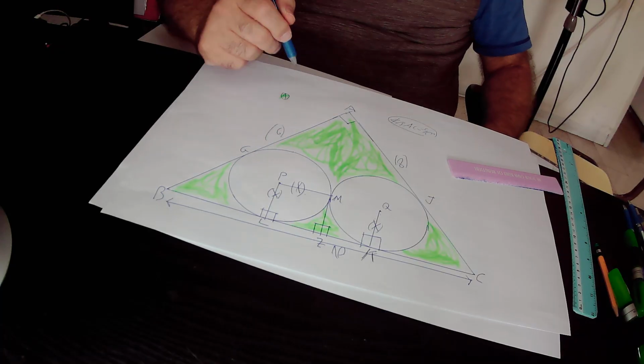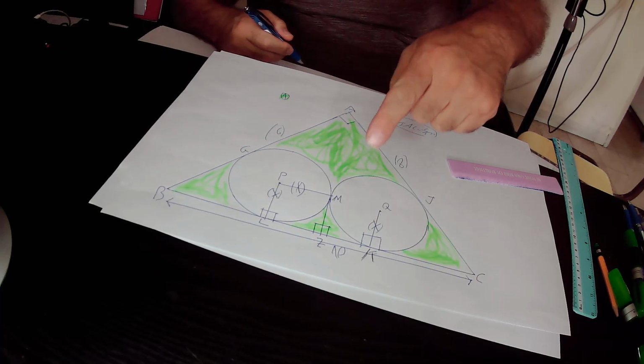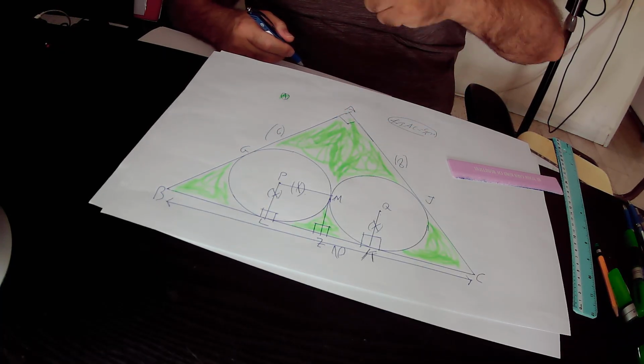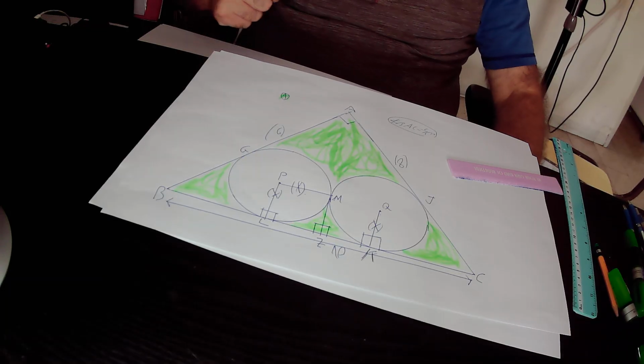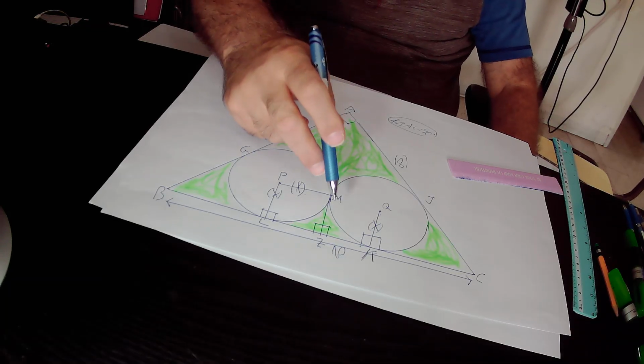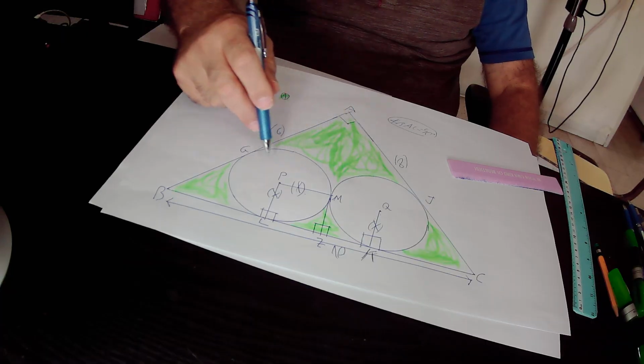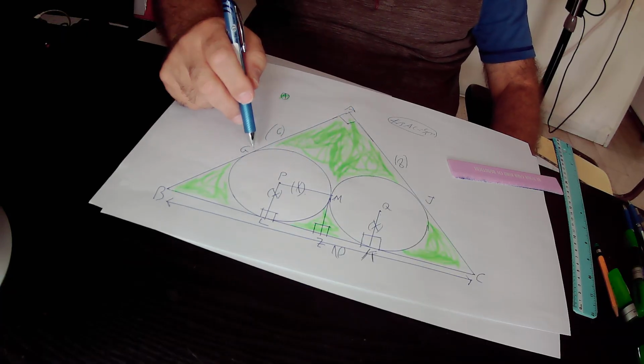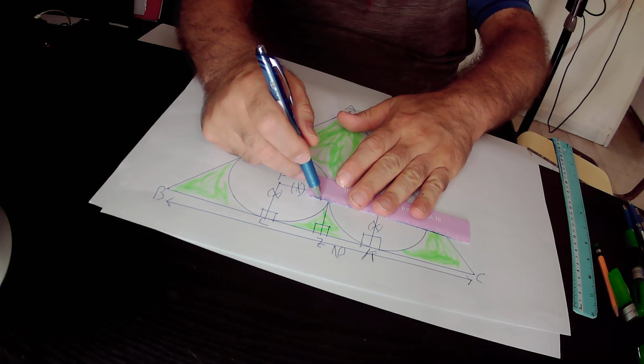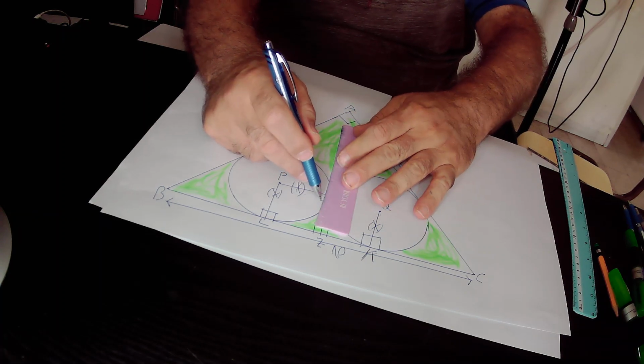The radius PM is drawn to point M, that is the point of tangency, and then ZM is tangent to this circle. Now the radius is drawn to the point of tangency, so tangent ZM will be perpendicular to the radius MP. If ZM is perpendicular to MP, it means that this angle equals 90 degrees according to rule 1.